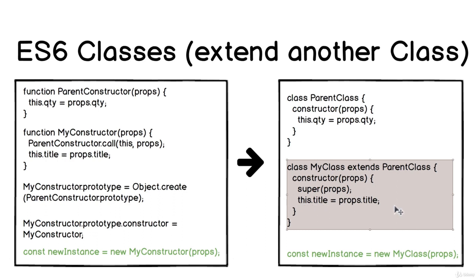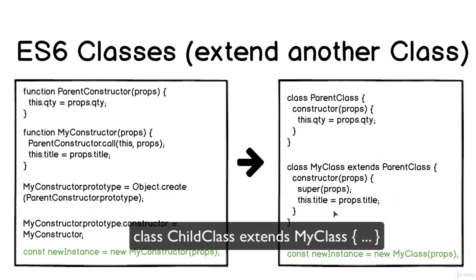On the next line, we set the own property title for each instance of MyClass. It's that simple. Simply two keywords, extends and super. If you want to create a child class of MyClass, you perform the same action. The syntax will be: class ChildClass extends MyClass, and so on.